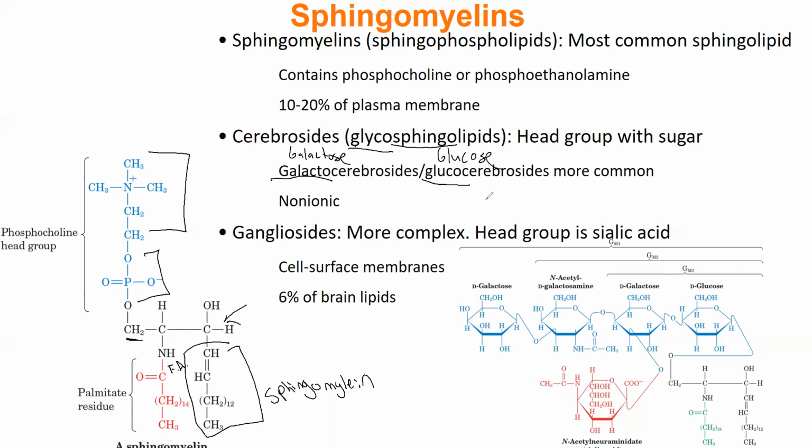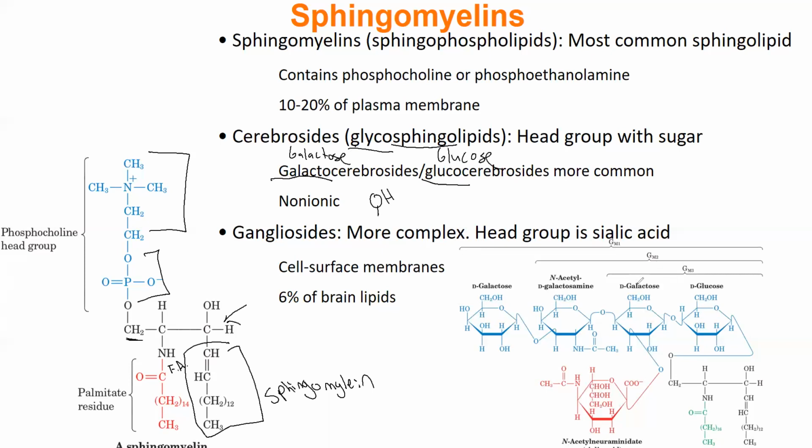That's all that means. And they're non-ionic, which means that all of the OHs coming off your sugars are going to be OHs. You're not going to have any negative oxygens or anything. You're not going to lose your hydrogens.